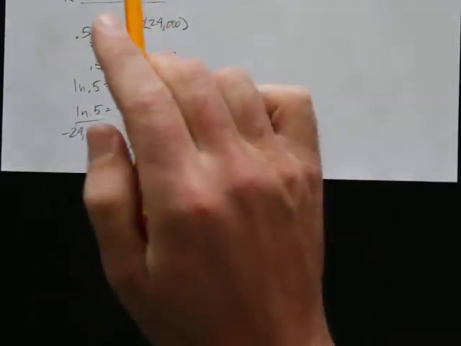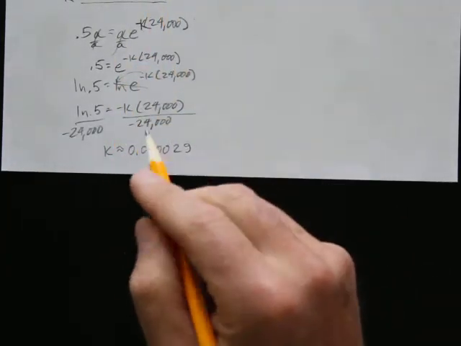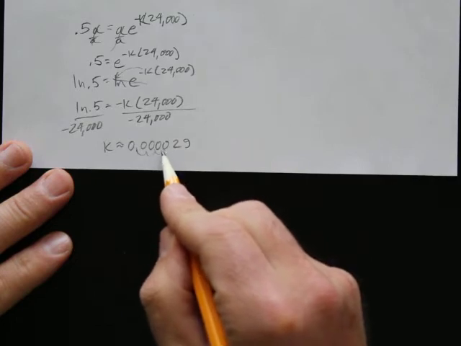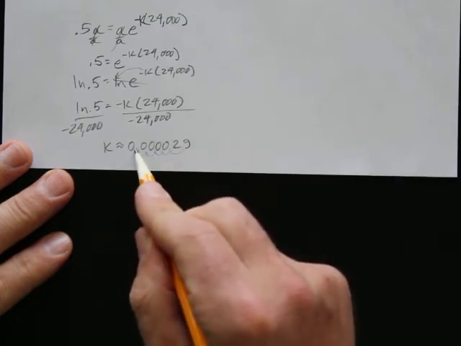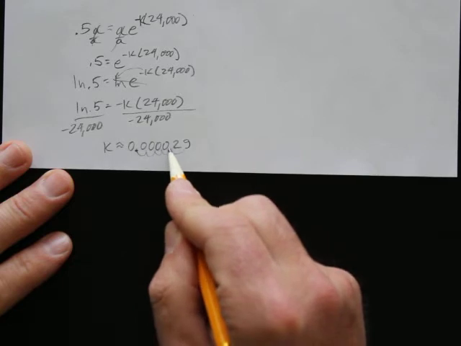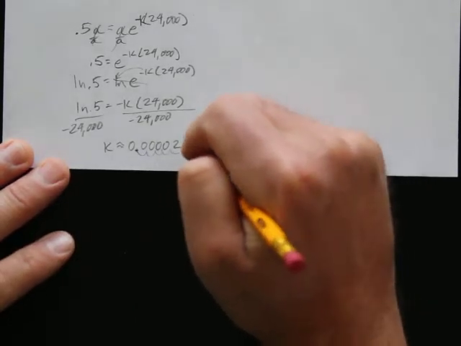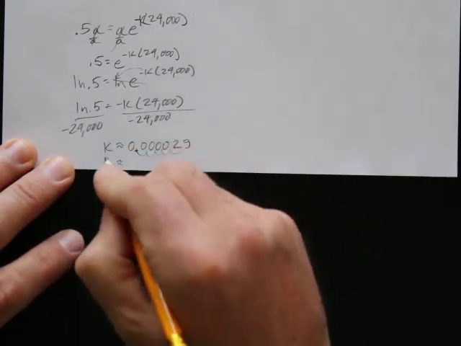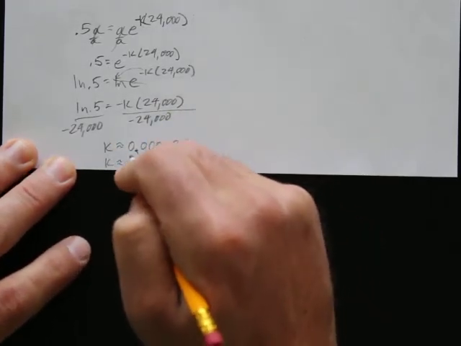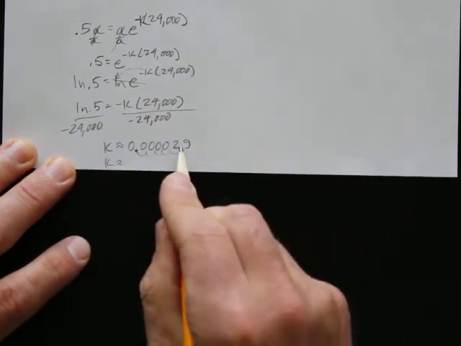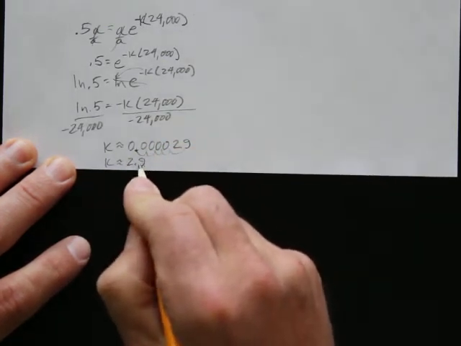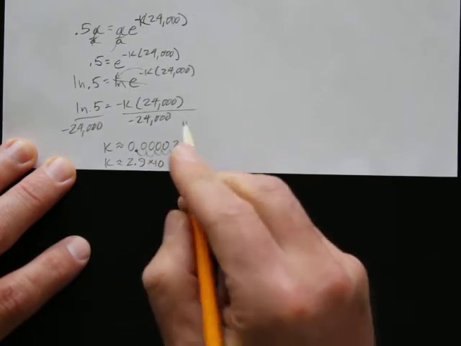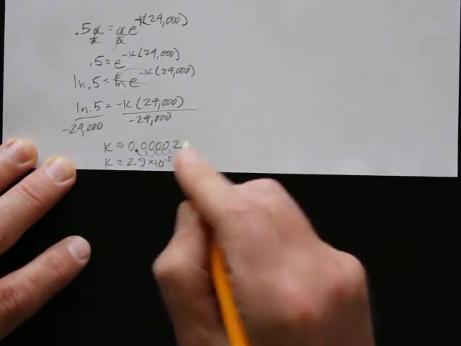Now, what we should have done on this first example, but we didn't, is since we're talking about scientific things, we should put this in scientific notation. So I'm going to count over 1, 2, 3, 4, 5 places. So really, in scientific notation, k is approximately 2.9 times 10 to the negative 5.